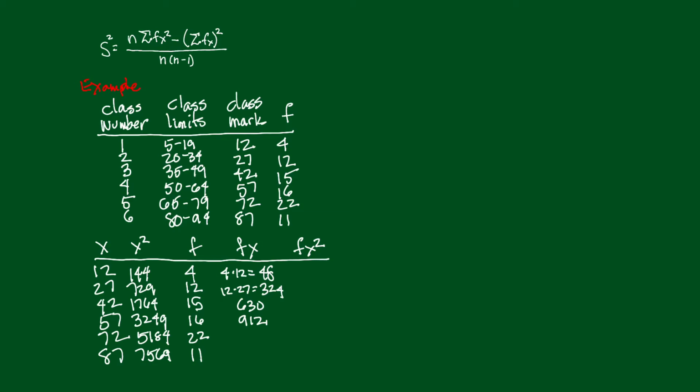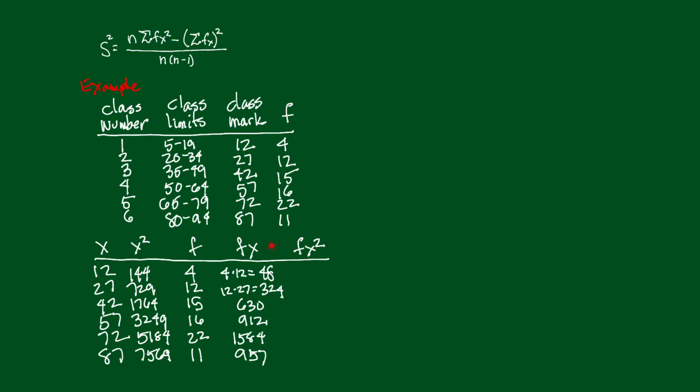My calculator says that's 1584. And then finally, 11 times 87. Now, my TI-84 says that's 957.